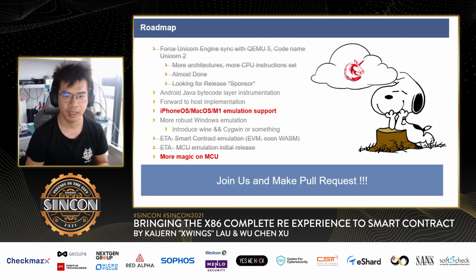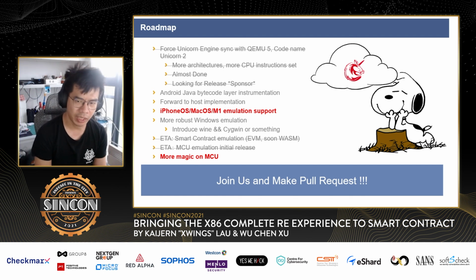There are some other things still on the roadmap. We are still looking at Android Java bytecode layer instrumentation. It is something rather big, but it is still in the planning, and nothing has started yet. We did a bit of work on a host implementation, forwarding syscalls to the host. It is something that we wanted to do.